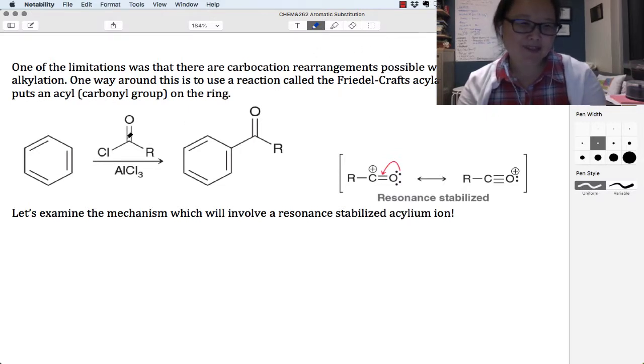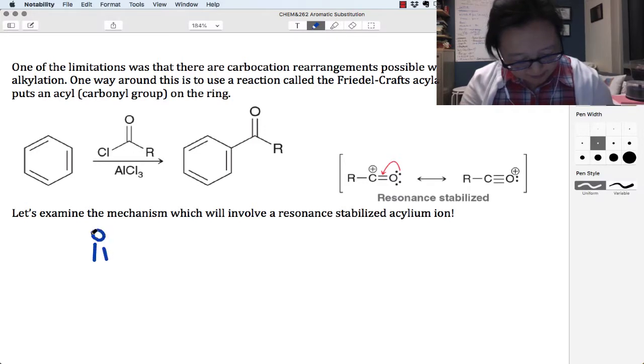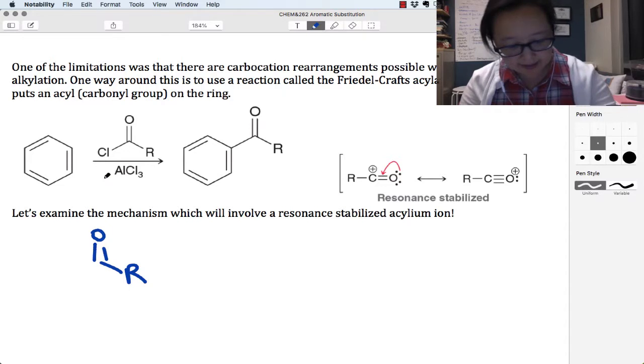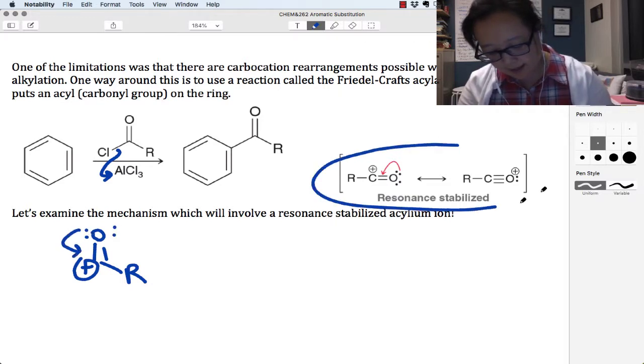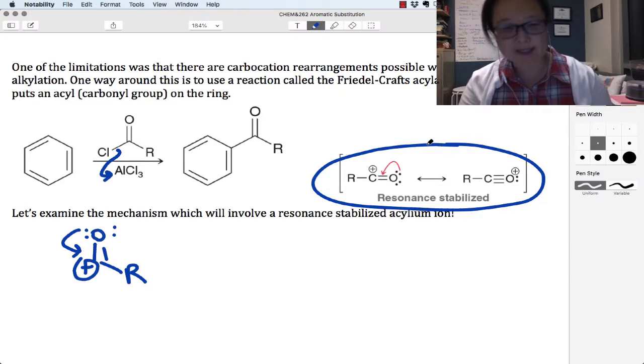How that works is we have a C double bond O, not just the R group. Okay? And so what's going on here is if you picture C double bond O and an R, and the Cl is really with the Al, so let's say this goes over here, that makes this positive. Turns out there's a resonance delocalization, and so that group, even though it looks pretty unstable, it's resonance delocalized.